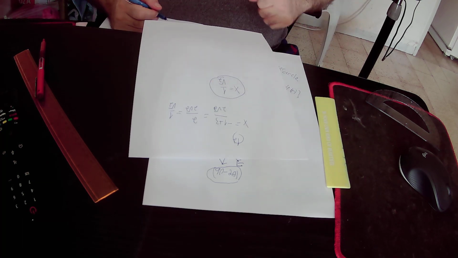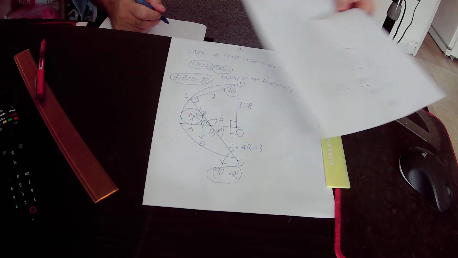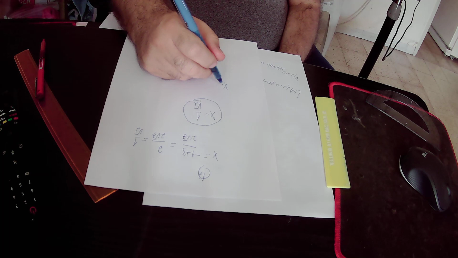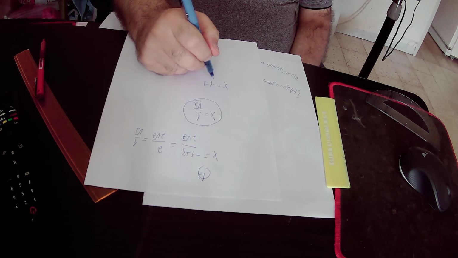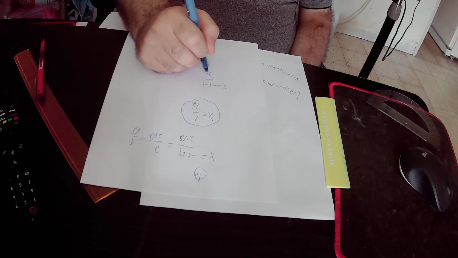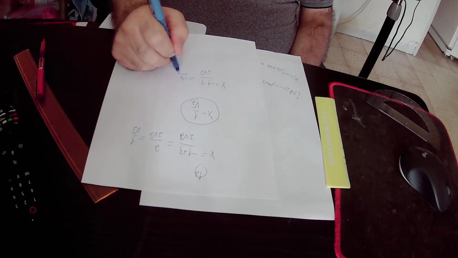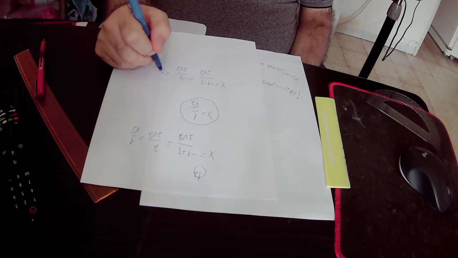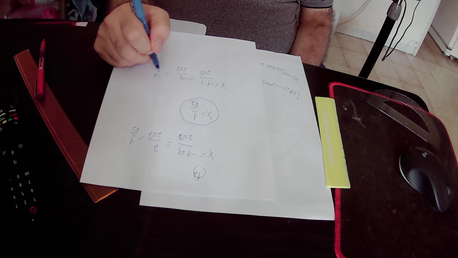That is the first solution. And the second solution is that x equals minus 1 minus 3 over 2 times root 2. That will be minus 4 over 2 times root 2, or minus 2 over root 2.